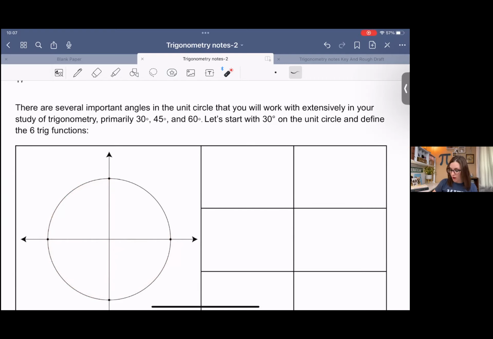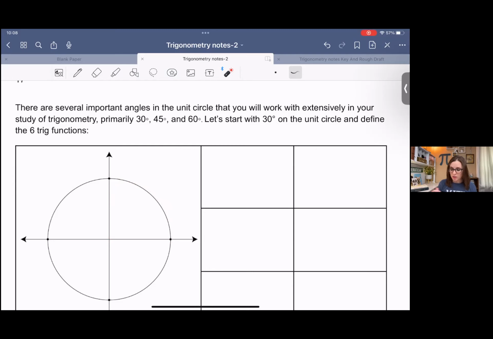So 45, if I can figure out 45, then I can figure out 135 and 225 and so on. And then 30 and all the reference angles, then we have them all. So the key here is that you want to be able to generate these. And once you have those, you have all the others.